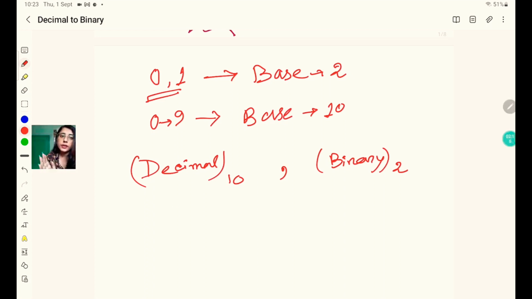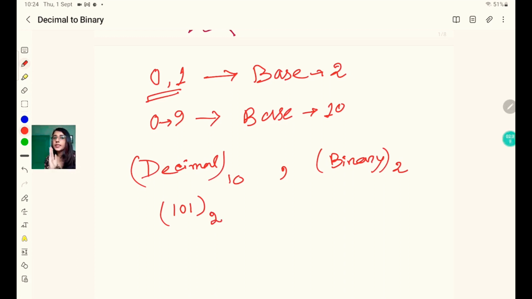Always remember that 101 can be a decimal number and can also be a binary number, because 0 and 1 are also values of a decimal number. So if we write 10 in the base, it becomes a decimal number, and if we write 2 instead of 10, it becomes a binary number.